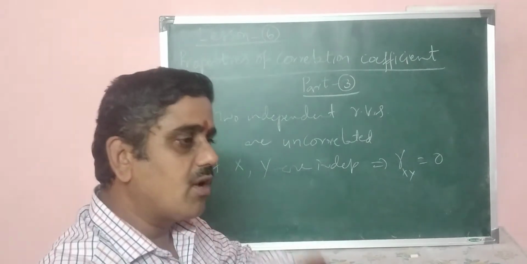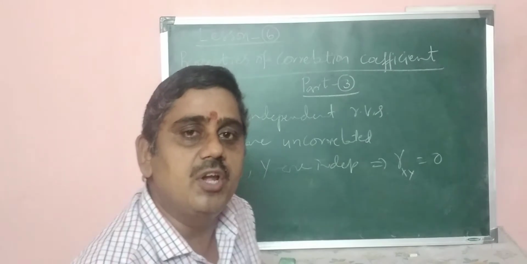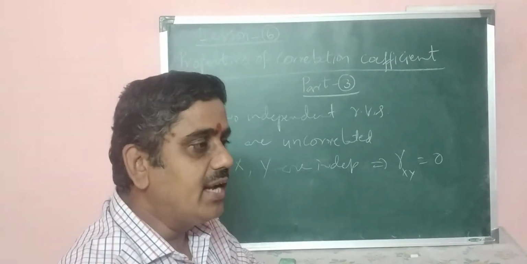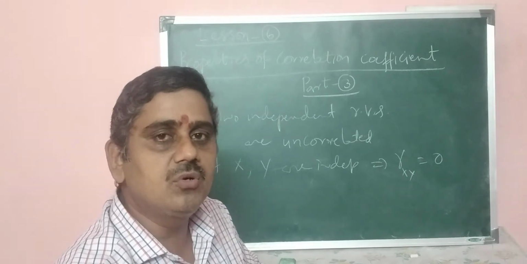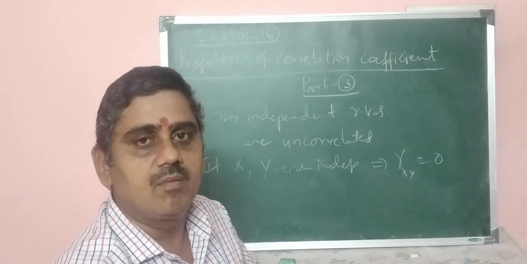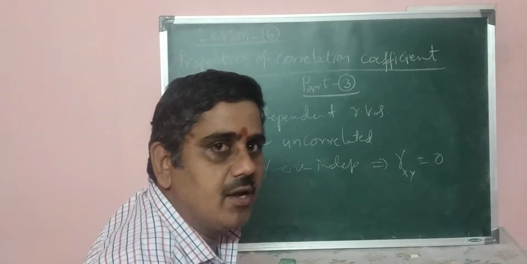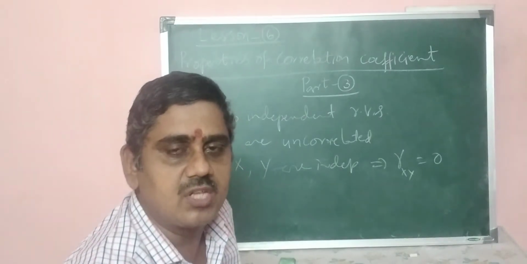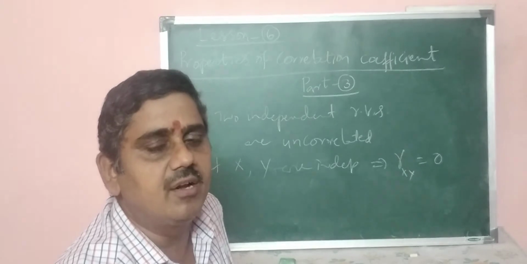That is, two variables which are independent lead to no correlation between the variables x and y. So what is meant by independency? If you know that, we can proceed further.